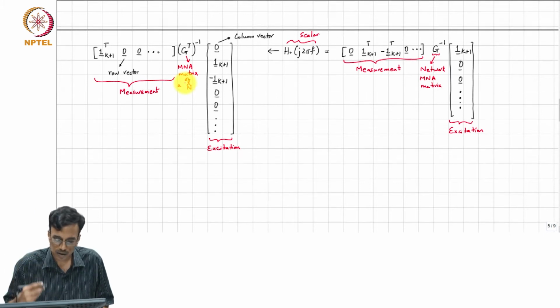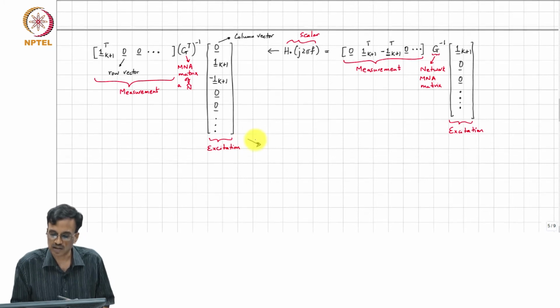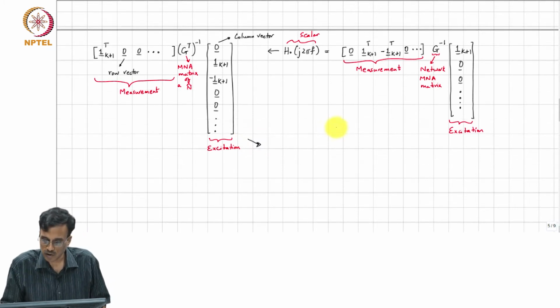All right. So, if you want to draw a picture which depicts these equations, what should it be?